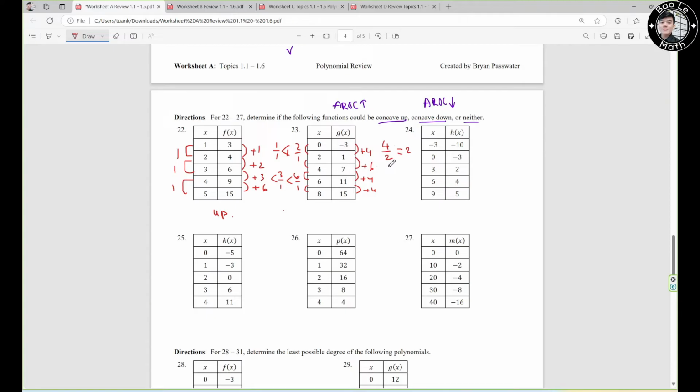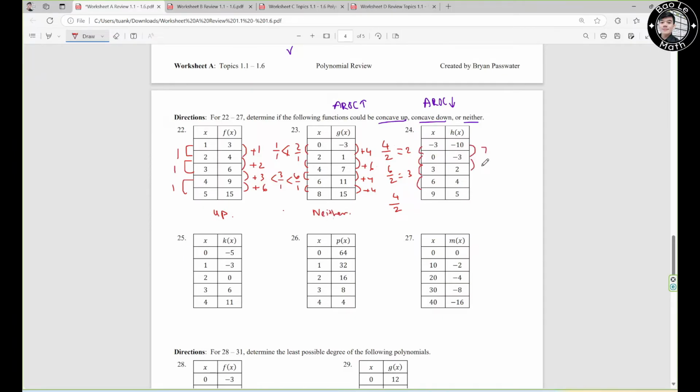So average rate of change is going to be 6 over 2 and it's going to be 3. And this one right here is going to be 4 over 2. And the last one right here, 4 over 2. So you see that in this table, the function has the average rate of change both increasing and constant at the same time. So it should be neither.